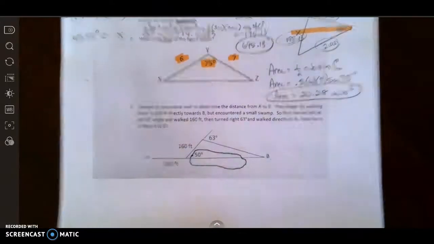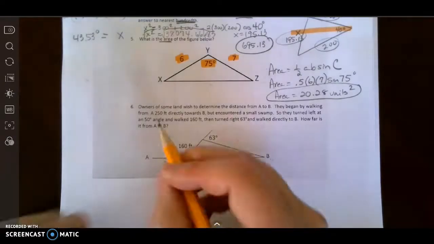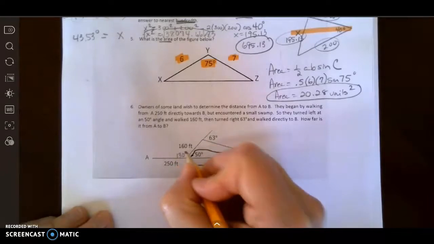Right, number 6. Owners of some land wish to determine the distance from A to B. They began by walking 250 feet directly towards B, but encountered a swamp, so they turn left at a 50-degree angle, which means this is a 130-degree angle there.